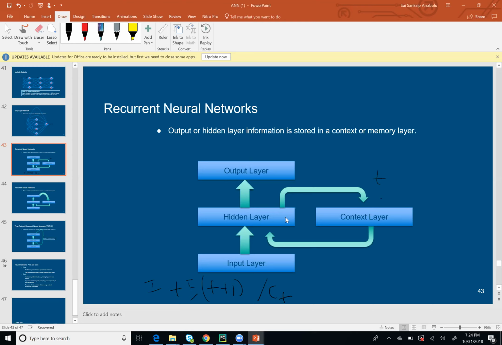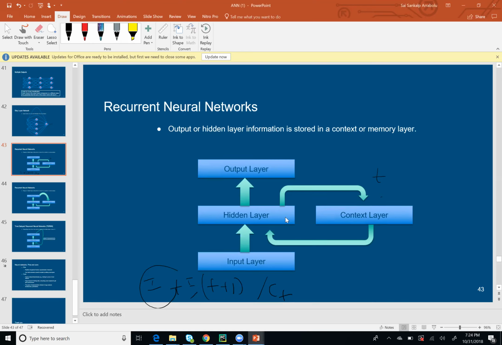I of t is passed, and you get c of t, which is the information with the past output. Now c of t is passed along with the next sequential item, I of t plus 1, because c of t will help in the prediction of this problem. That is what recurrent neural networks do.